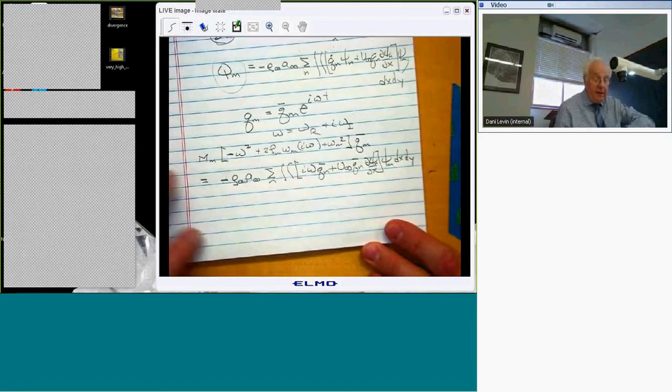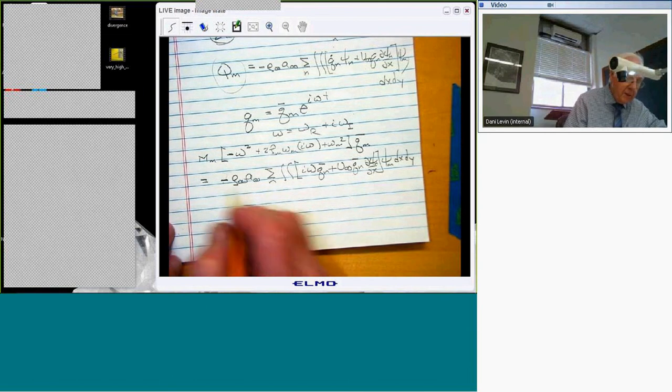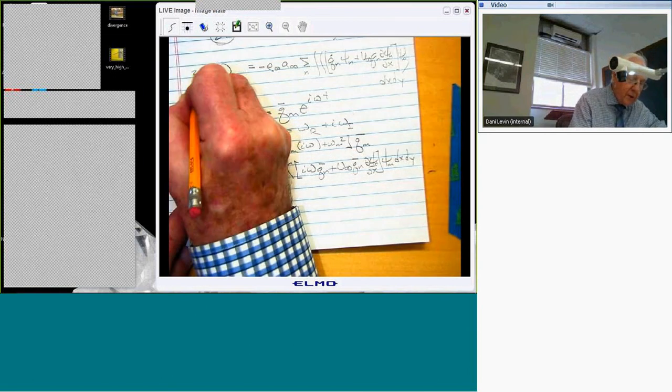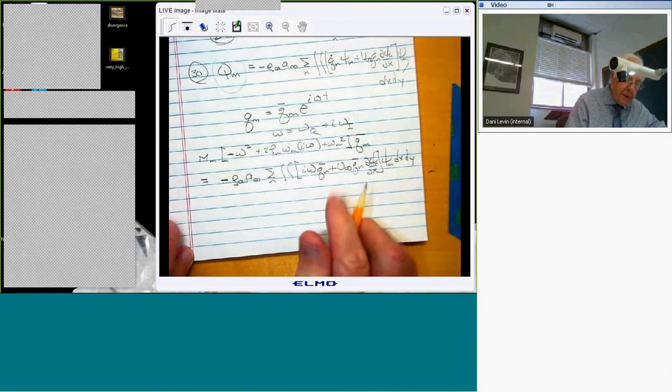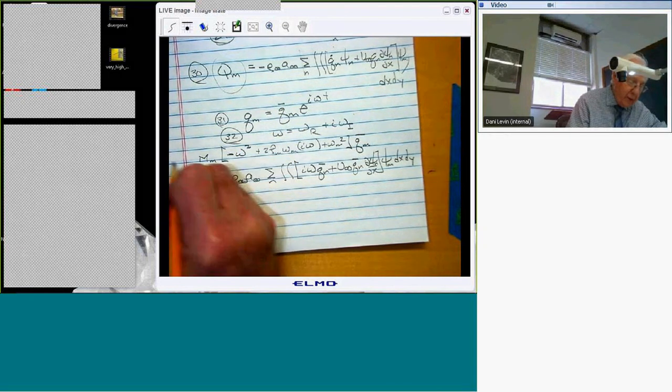Okay. Now I can continue on with this notation, but it's much easier at this point to write this in matrix form, right? So we're all happy to write this in matrix form, I hope. Are we ready to do that? Okay. So this is, I'll call this 33, a magic number.